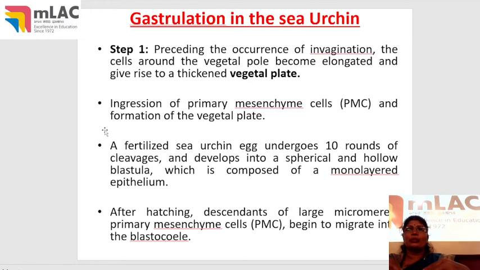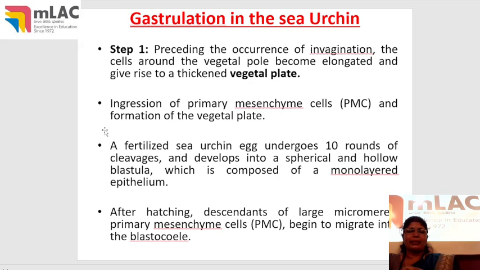The cells present near the vegetal pole are a single layer of cells. Some of these cells will lose their cilia and their adhesion with the neighboring cells, and they will move into the cavity, that is the blastocoel. These cells are called the primary mesenchyme cells, otherwise the PMCs.